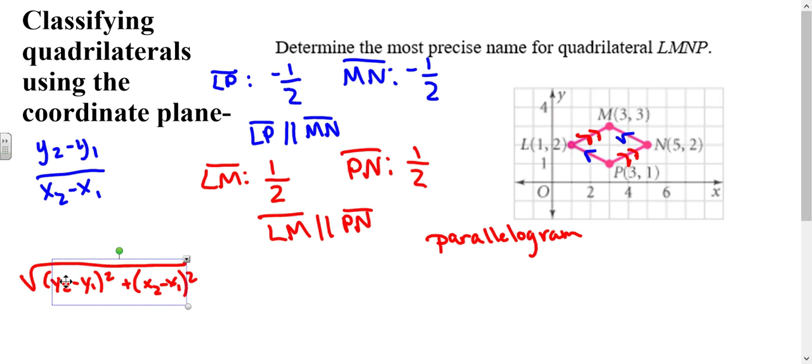Remember, this distance formula comes from the Pythagorean theorem, so you can also just check to see what the third side of your triangle would be. So if I'm doing L to P, I'm finding the distance.